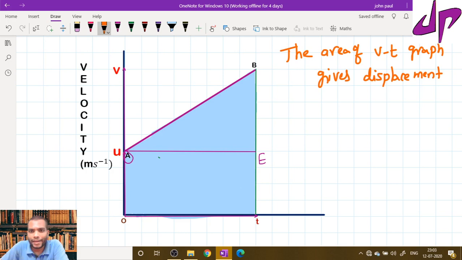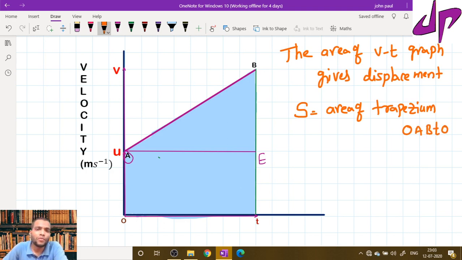Now I can write S equal to the area of the trapezium OABT. So if I can find the area of the trapezium, that gives me the displacement.